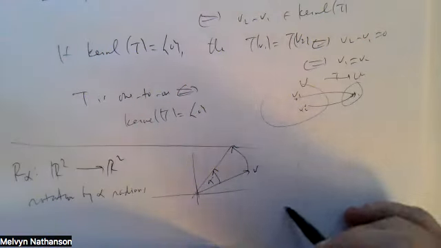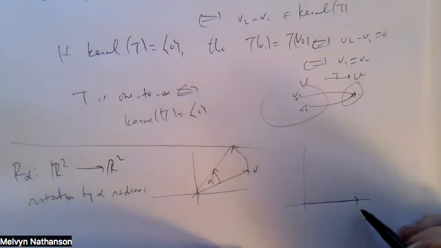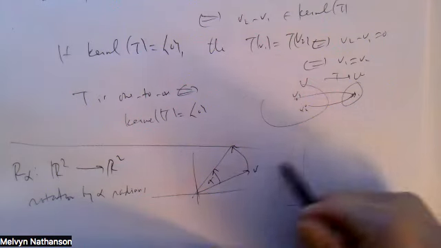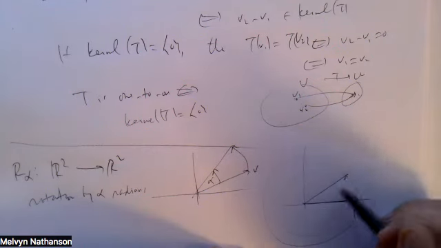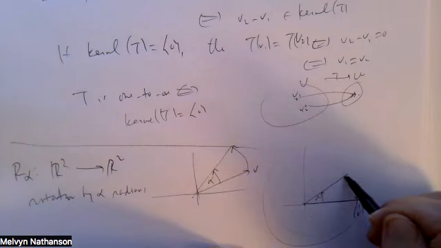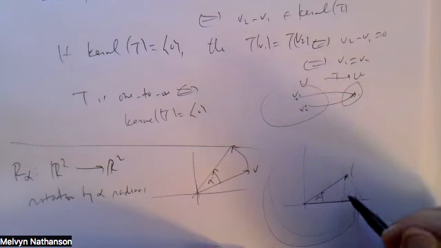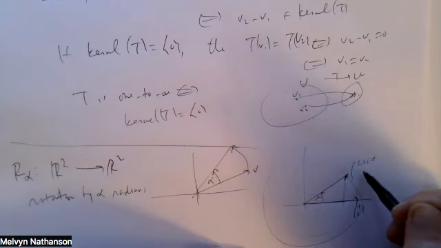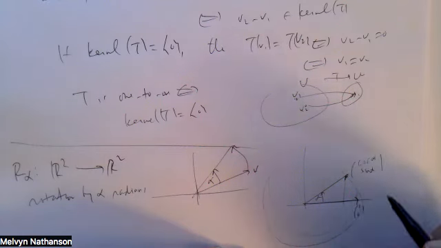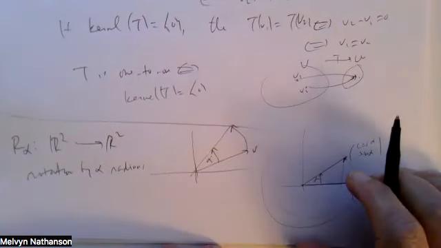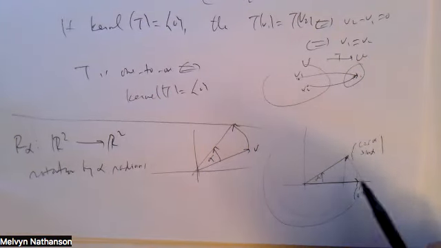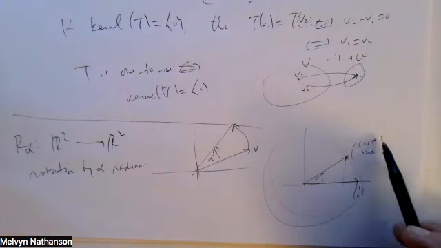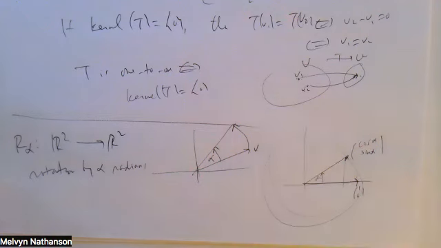Let's see. If we take the unit vector E1, this is the unit circle, if it's rotated by an amount alpha, it gets sent to this point, and this is cosine alpha, sine alpha, right? So you have to remember elementary trig. If you take the unit vector, rotated alpha radians around the circle, this is actually the definition of cosine and sine.